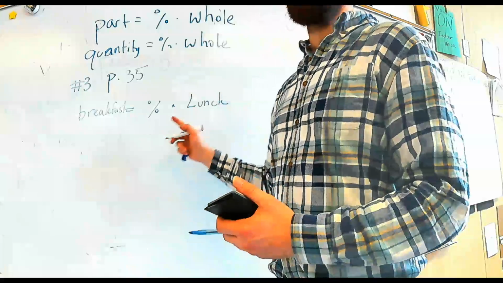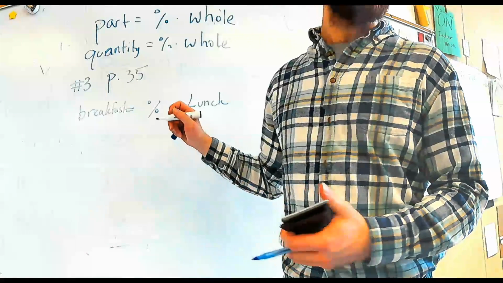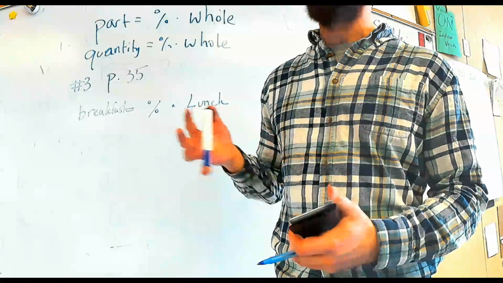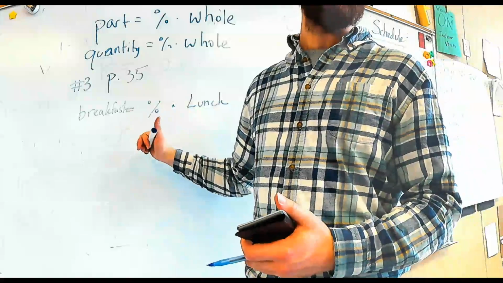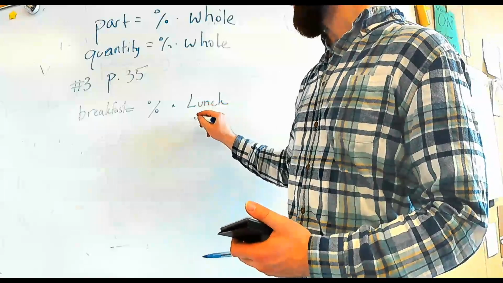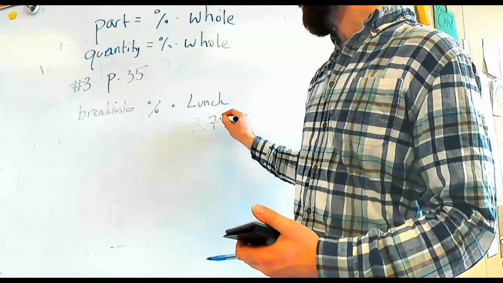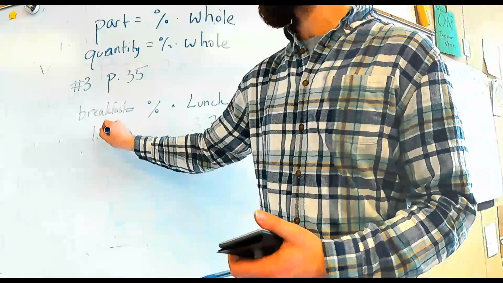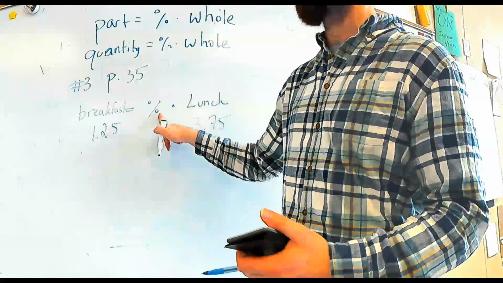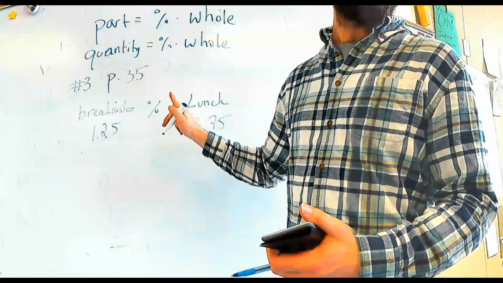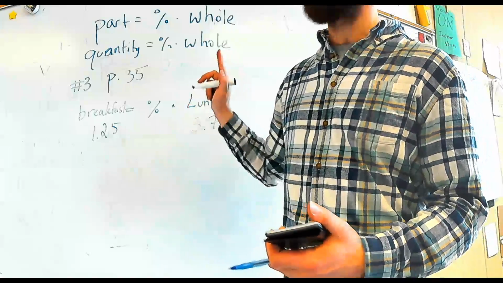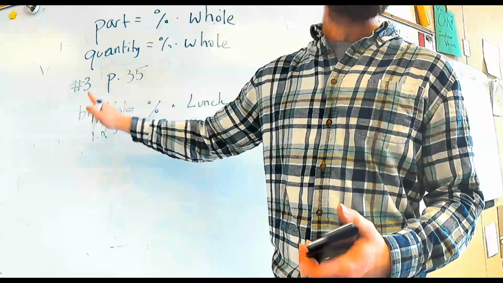The question says, at Kent Middle School, breakfast costs $1.25, and lunch costs $3.75. What percent, of, multiplication, the cost of lunch is the cost of breakfast?